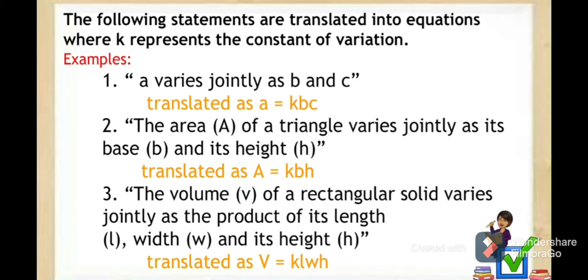Then we add the variables B and C. Same steps we'll use to write the given in number 2. And for number 3, still the same, only that it will have more than two variables to multiply: L, W, and H.